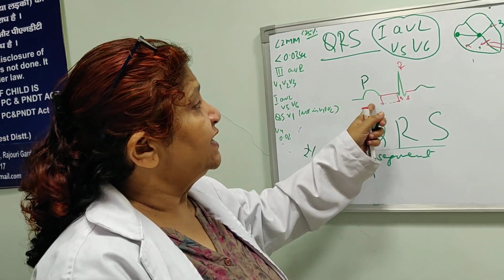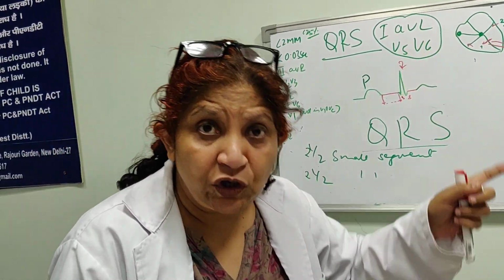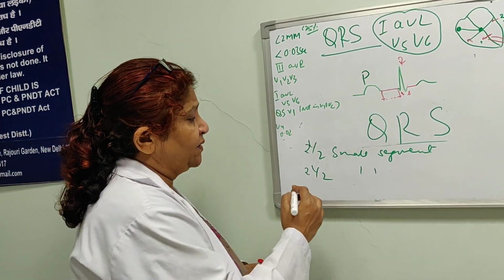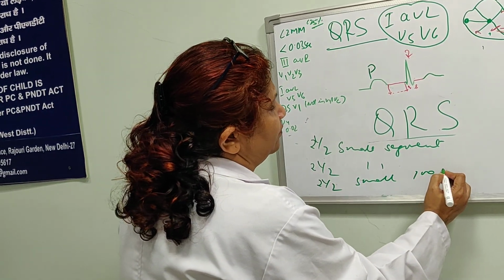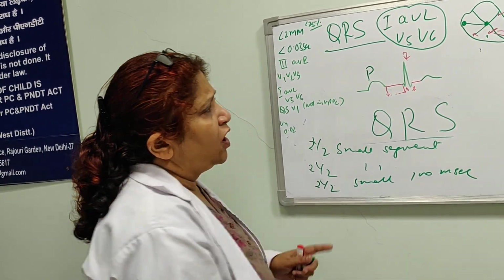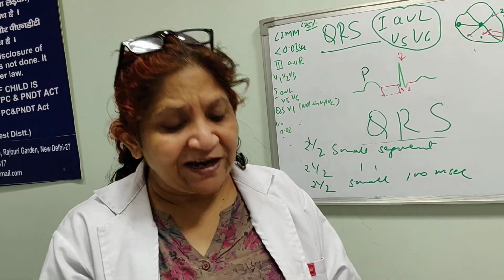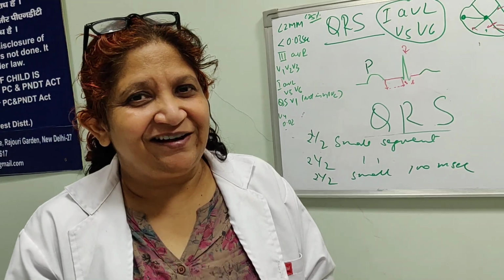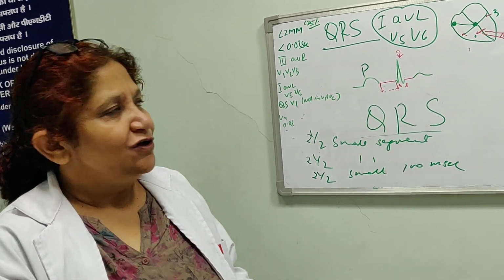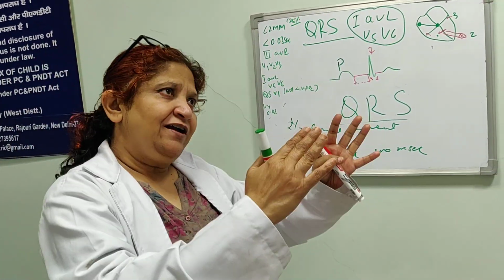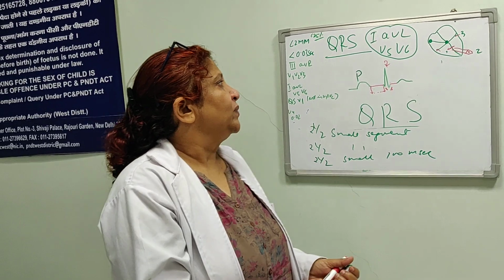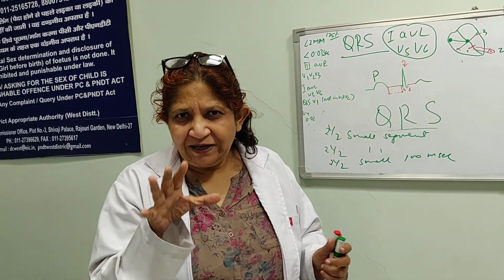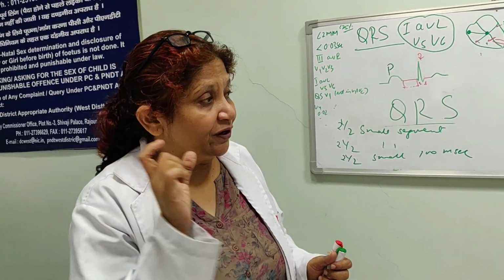And even the QRS is a maximum of 2.5 small segments, that means 100 milliseconds. So all three are 2.5 small segments. It's very easy to remember like that, right? 2.5, 2.5, 2.5. So remember, the P wave is 2.5, the PR segment is 2.5, and the QRS is 2.5. So that will be around 100 milliseconds. So that is the QRS duration.